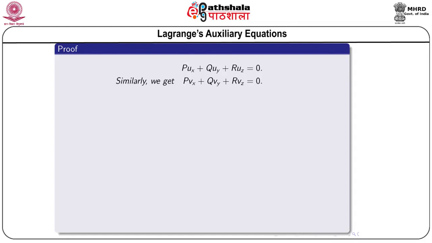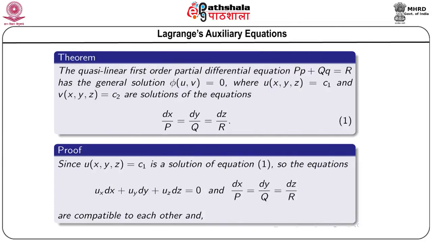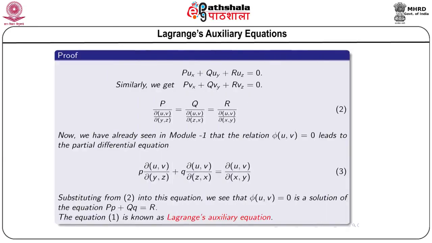In a similar way, taking v(x, y, z) as a solution of the equation dx by P equals dy by Q equals dz by R, we can obtain the similar relation Pvx plus Qvy plus Rvz equals 0. Now, solving these two equations for P, Q and R, we will get P divided by del(u,v) del(y,z) equals Q divided by del(u,v) del(z,x) equals R divided by del(u,v) del(x,y).